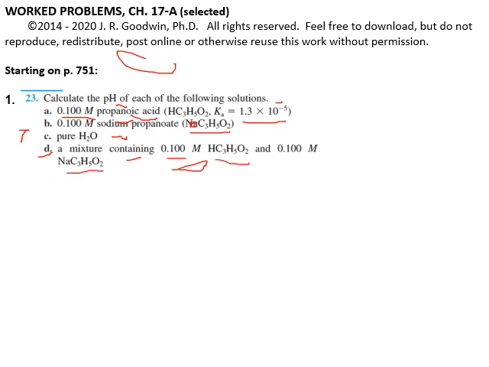So for this one, because it's a buffer solution, we can use the HH equation. But when we do that, you'll notice here that the concentration of the acid is 0.1 molar and the base is 0.1 molar. So the HH equation states pH is pKa plus the log of the base over the acid.